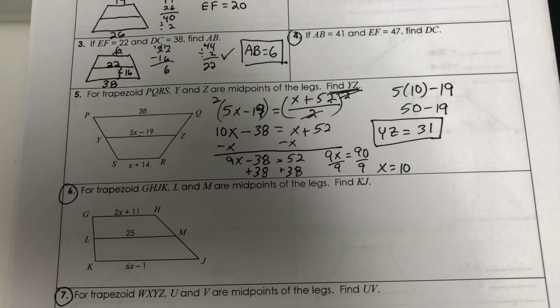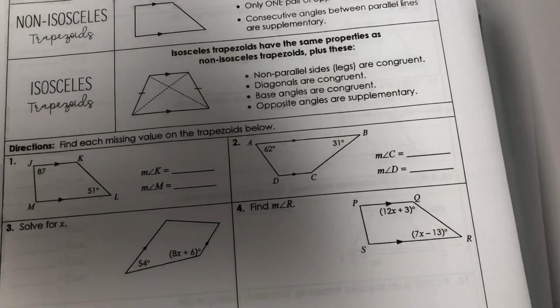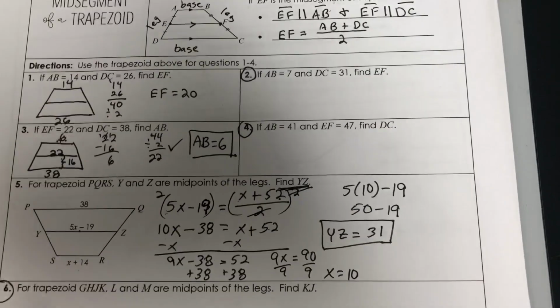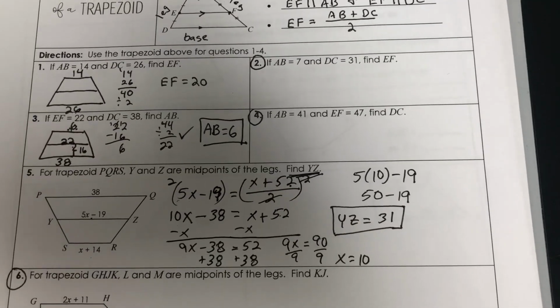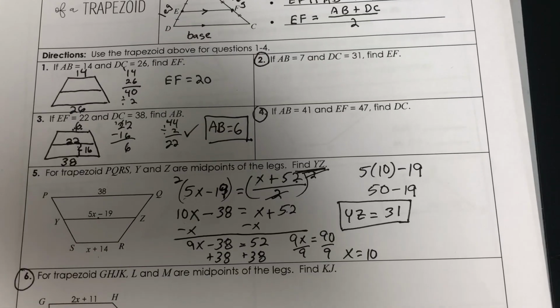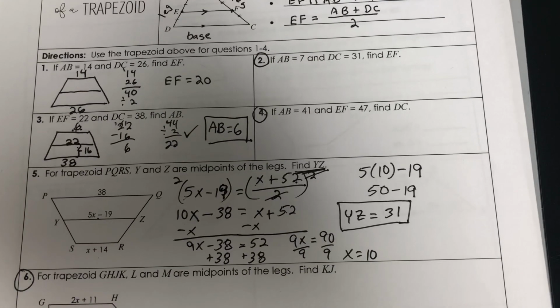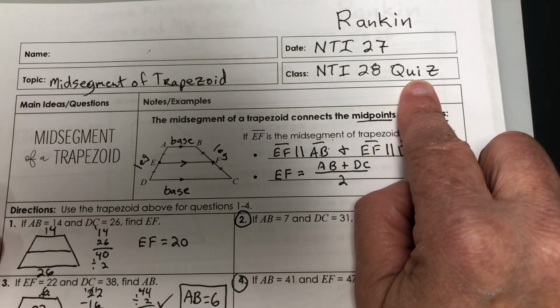Okay. This is a one-sided paper. So you've only got 4 problems to do on this. I will put a form so you can check your answers. And then NTI 28, I have scheduled to be a quiz.